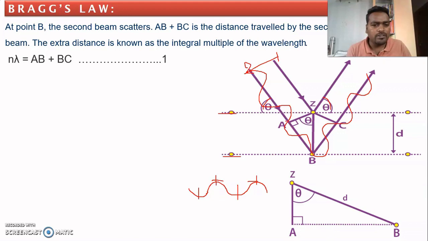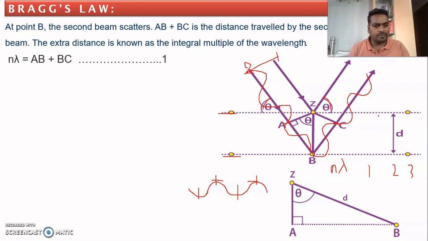So here, if you consider from here to here, it is one wave and two waves. So there are a number of waves involved in this distance. That's why this extra distance traveled must be equal to an integral multiple of wavelength. The integer n may be 1, 2, 3 like that.